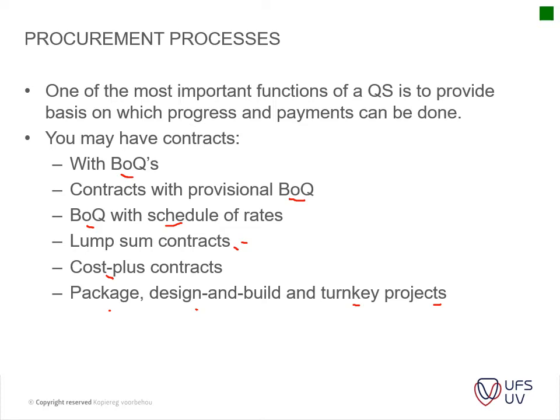So where the term turnkey comes from is the client just asks, I want this type of building, I just want a key to open the building and take occupation of the house or the building.